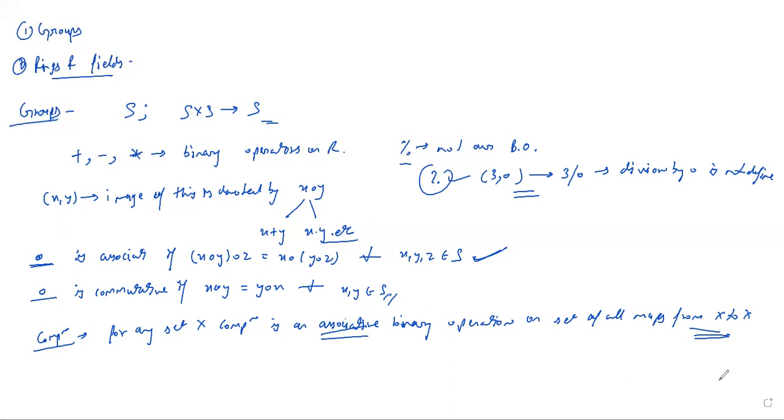Let's see it like this. The binary operators addition and multiplication follow associativity. But subtraction does not follow associativity, it is not associative. Why? Let's see it like this.